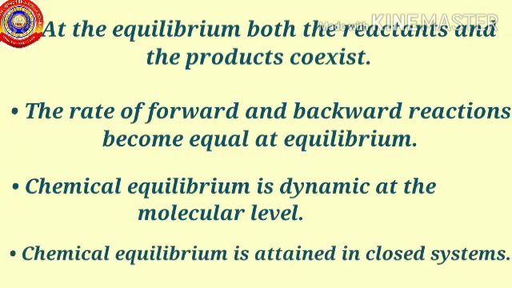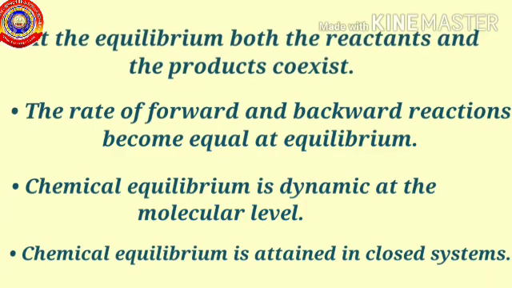And the last point, chemical equilibrium is attained only in a closed system. So what do you mean by this closed system? A system in which nothing new can be added and nothing can be removed is called a closed system. So remember, equilibrium is possible only in a closed system.